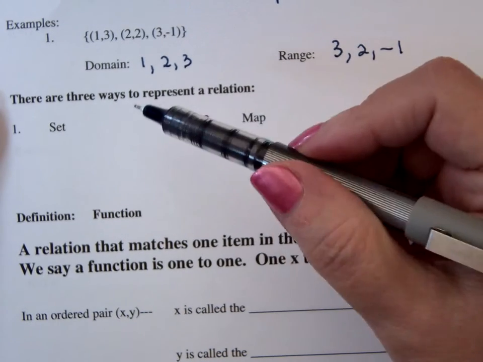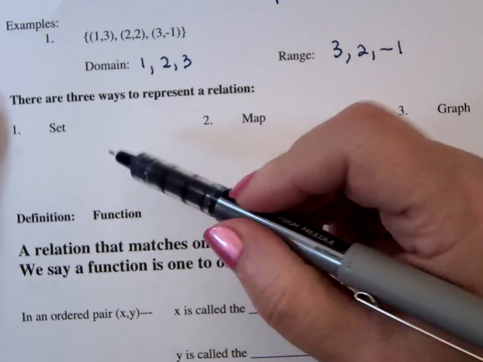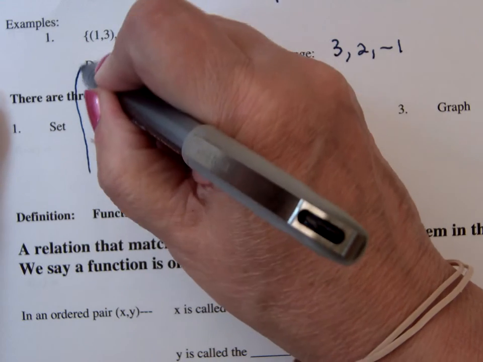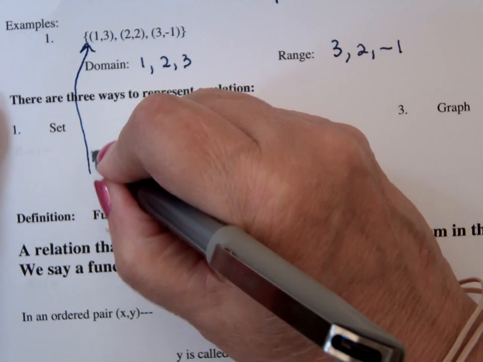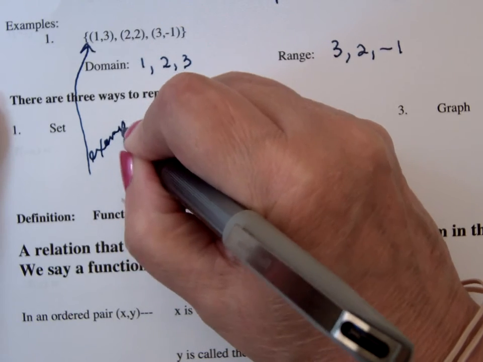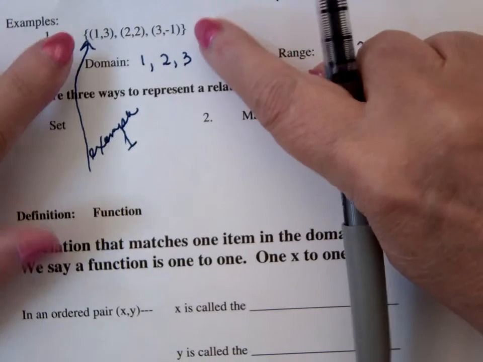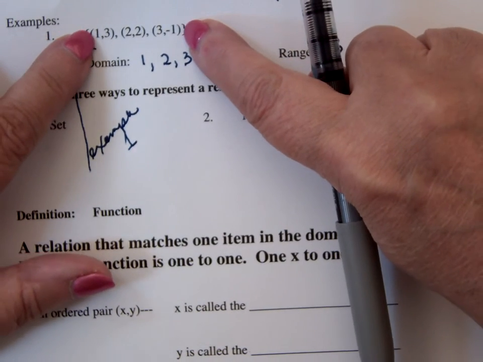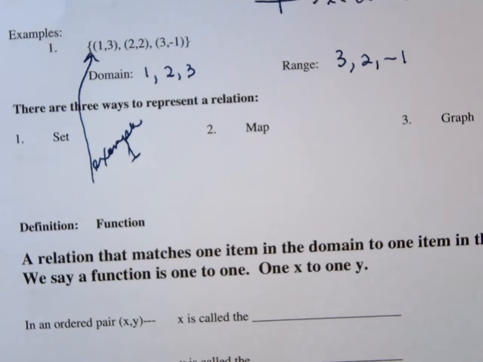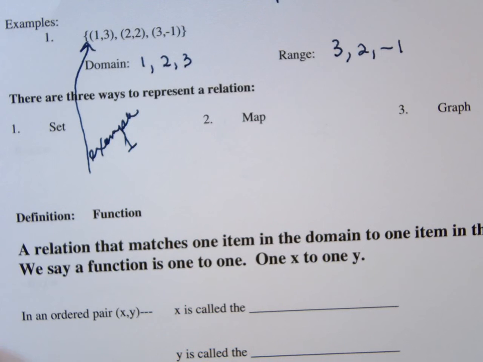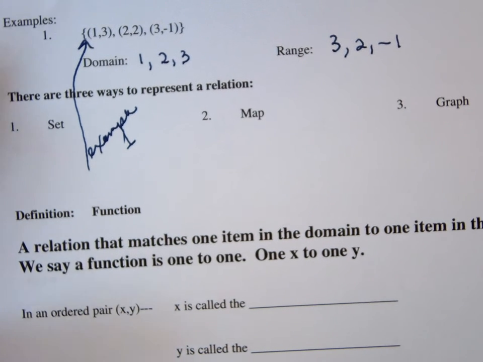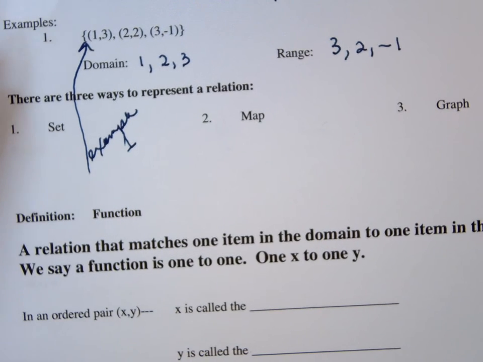You can look at a set. This example is a set. It's got curly brackets, and it's a set of ordered pairs. That's set notation.